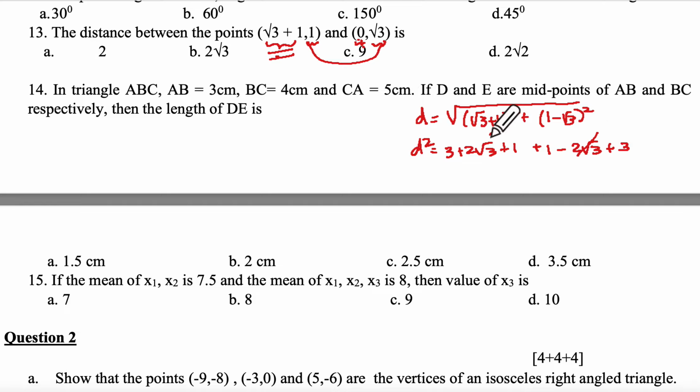So what got cancelled? See, what do we get here? 4 and 4, that means 8. So 2 into 4, so the distance will be under root this. 4 will give you square root 2 and root 2. Understanding? Where is it? Here. 2 root 2. D option.